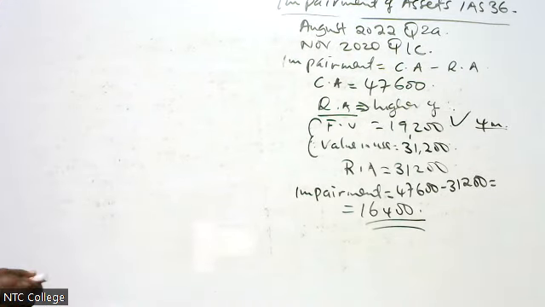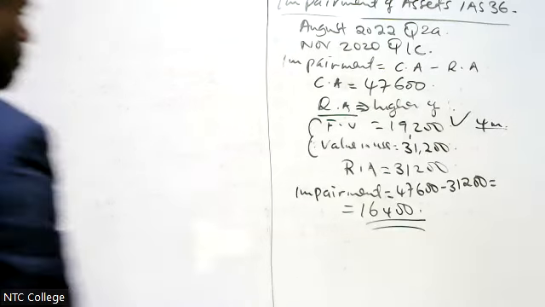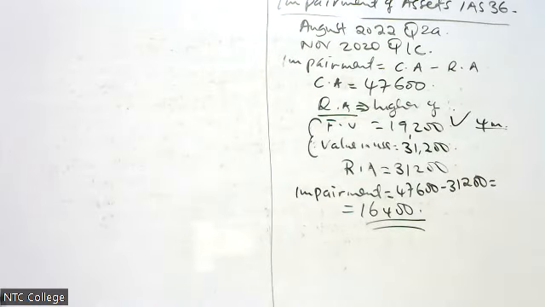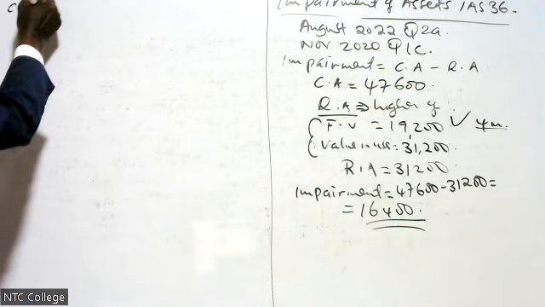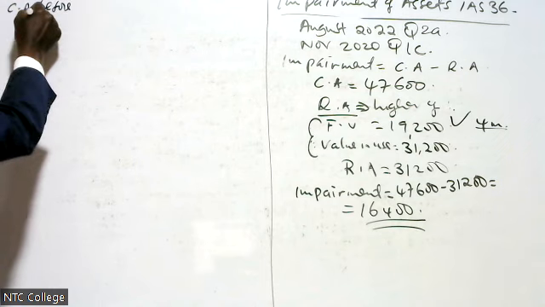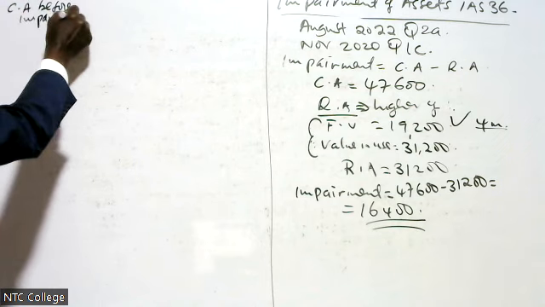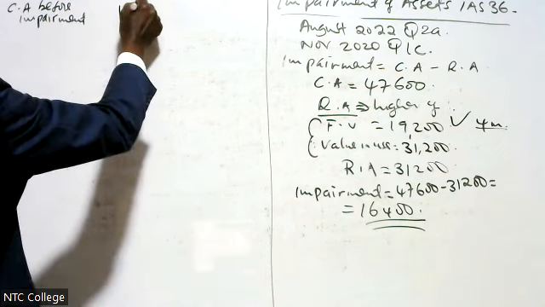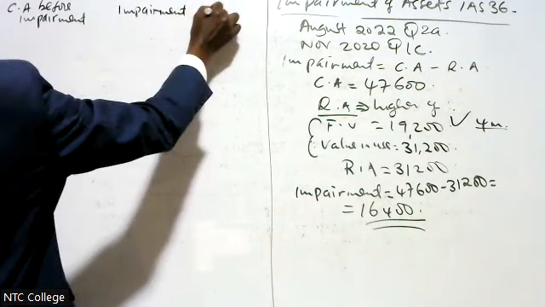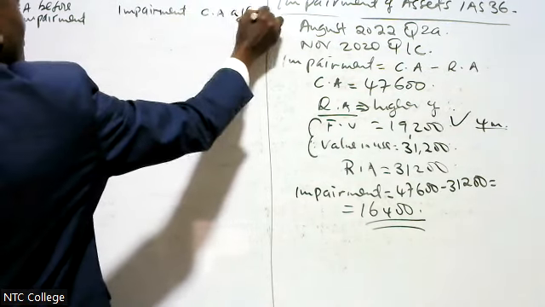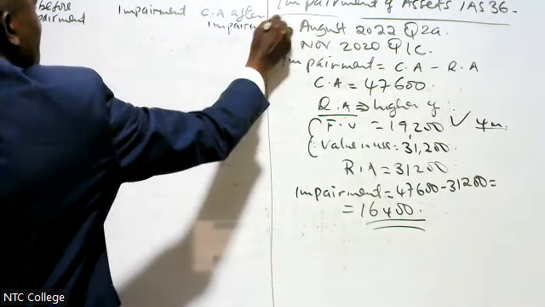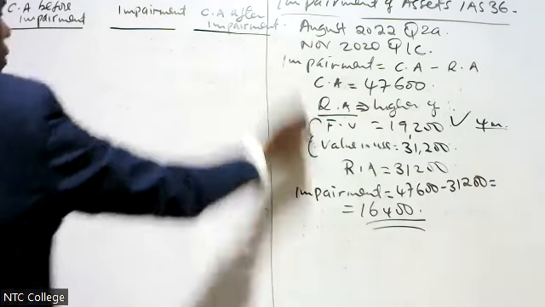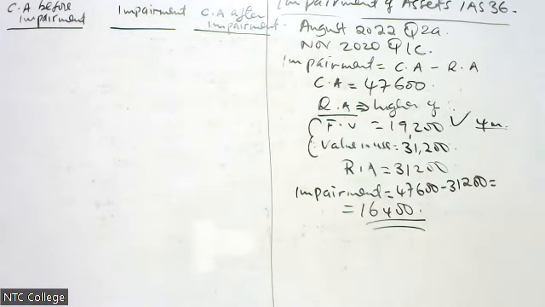For me to allocate this impairment, I'm going to put columns here: carrying amount before impairment, then I report impairment, then carrying amount after impairment. I want to allocate that impairment of 16,400 to each cash generating unit.